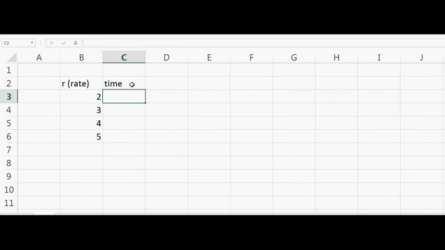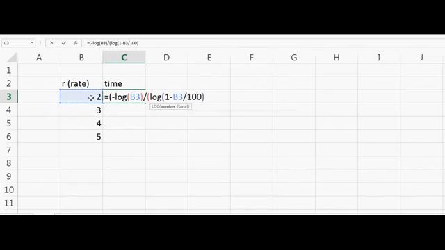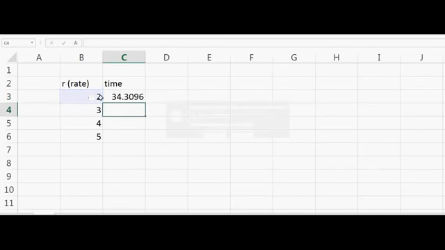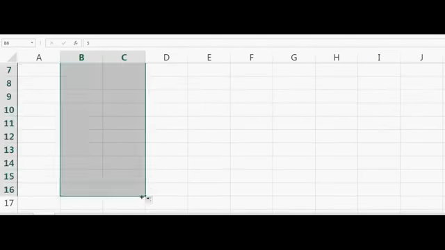The time for your money to become half will be equal to minus log of rate divided by log of 1 minus r. I'm dividing it by 100 because it's in percentage, and that's your time. We can do the same thing, and you can keep copying this formula until 15.